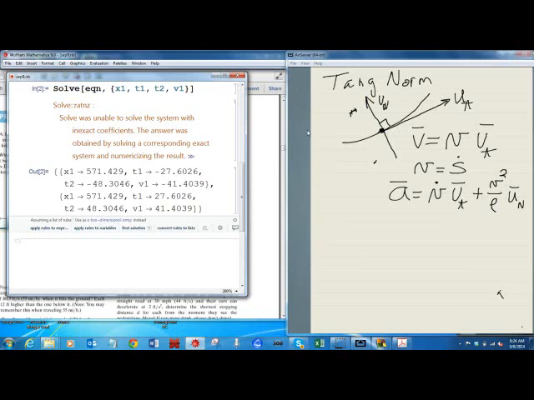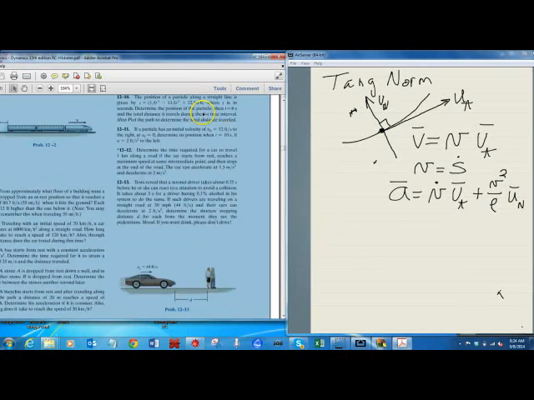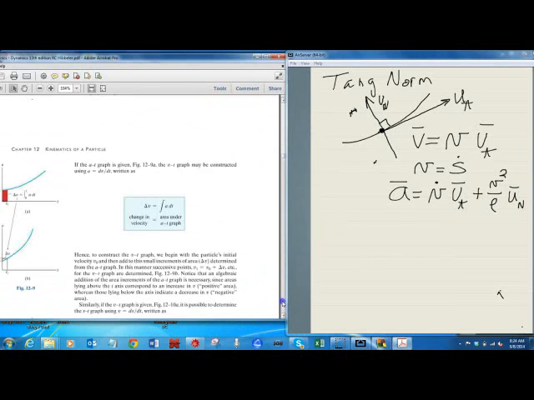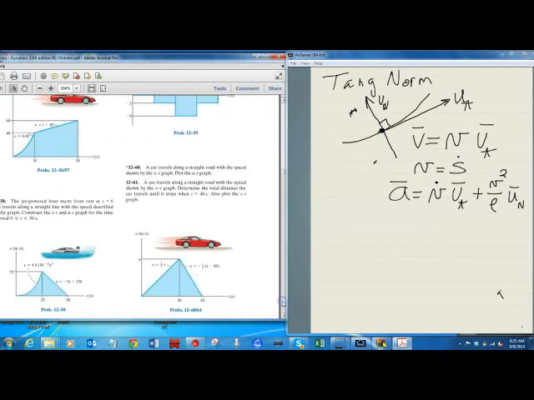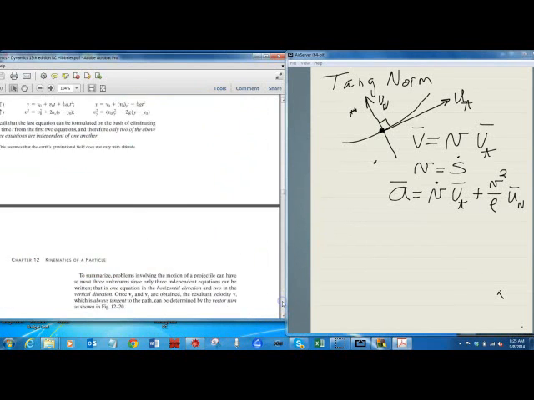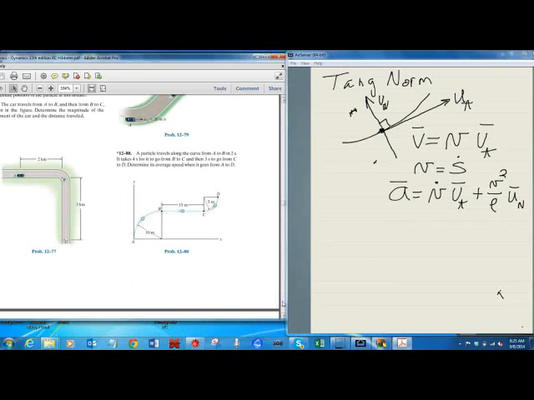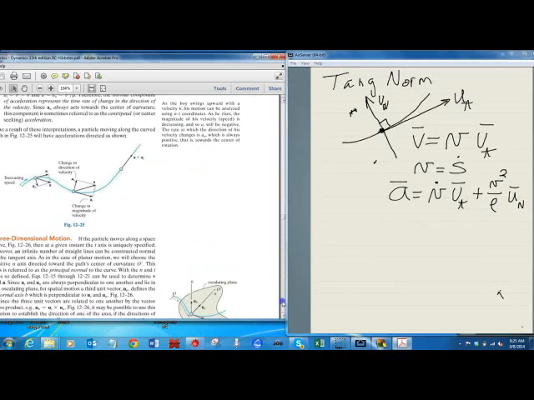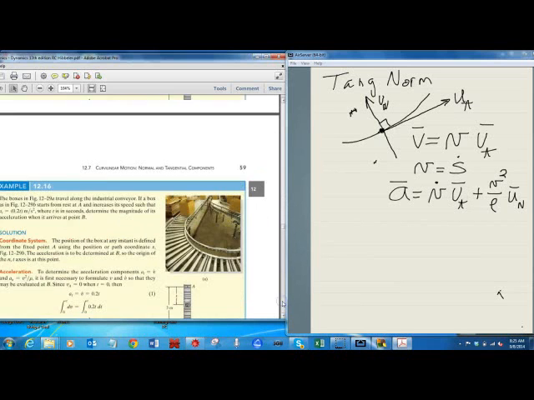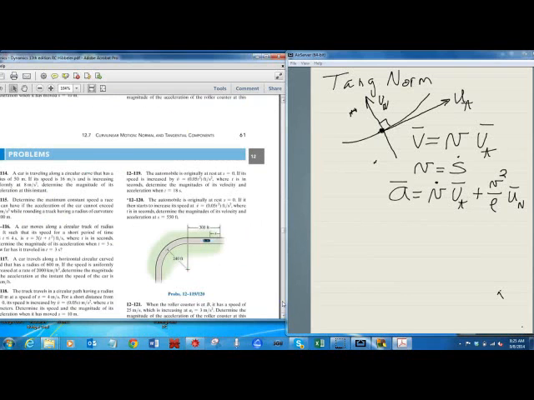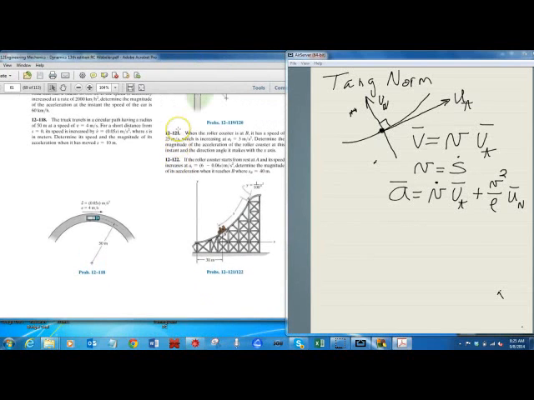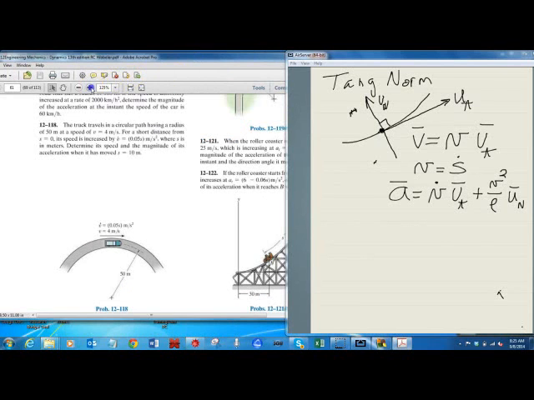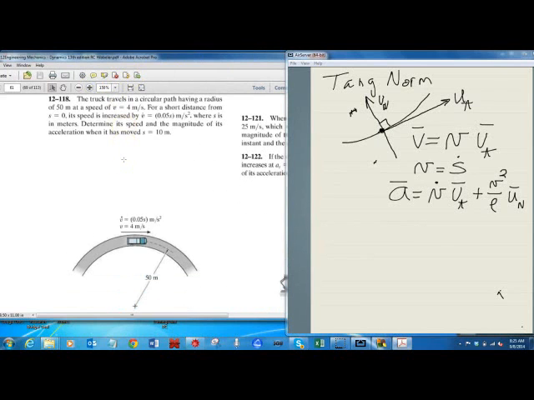How about problem 118? Problem 118. A truck travels in a circular path having a radius of 50 meters at a speed of 4 meters per second.